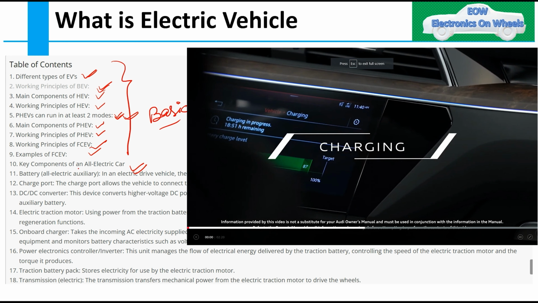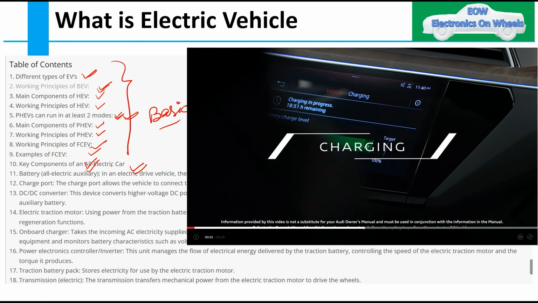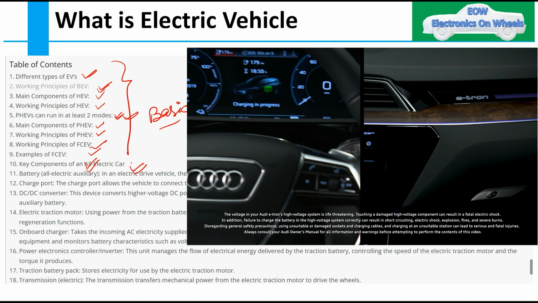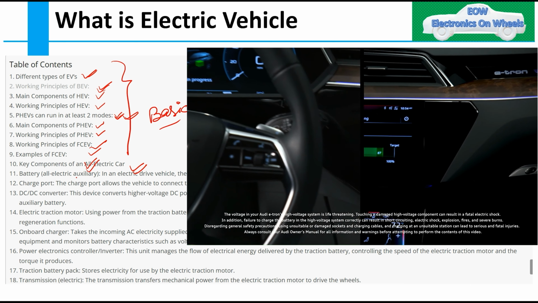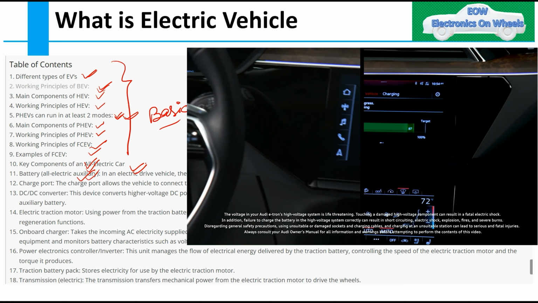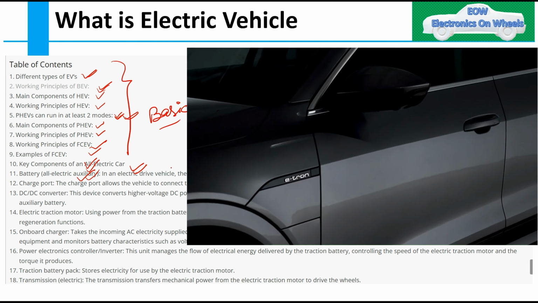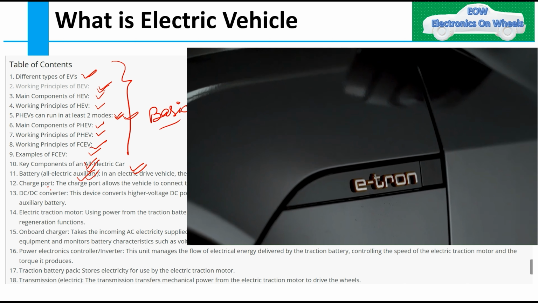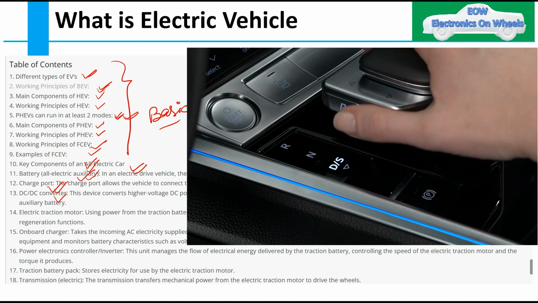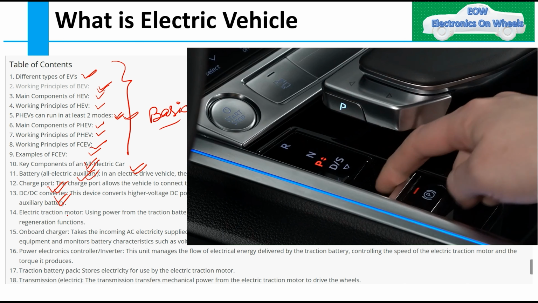So we will see what the key components of an all-electric car, or EV, are. What is the secondary battery, and what is the use of a secondary battery in the electric vehicle, whether we have one or not. Then we will see the charge port, and the function of the DC converter.